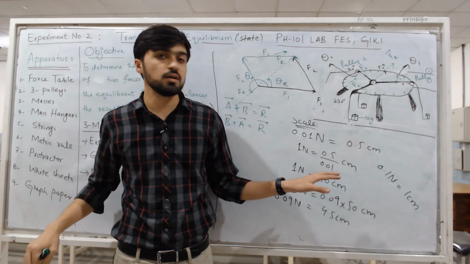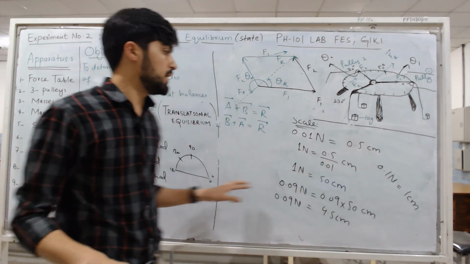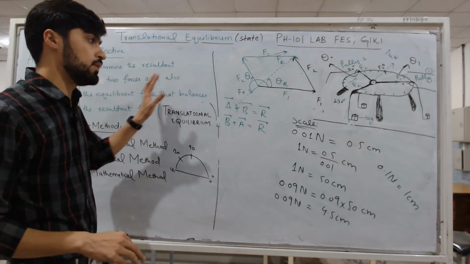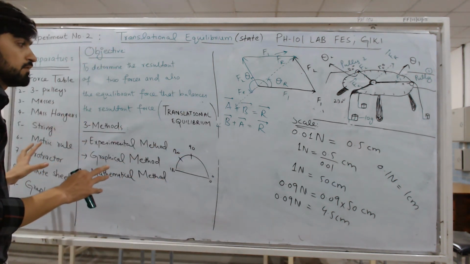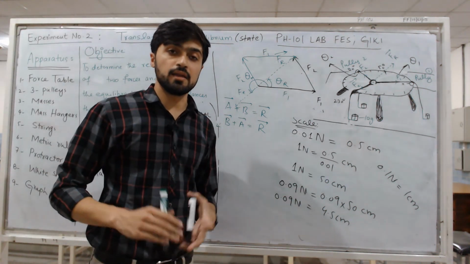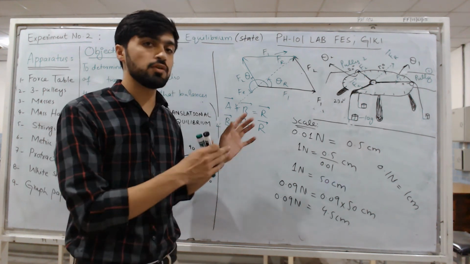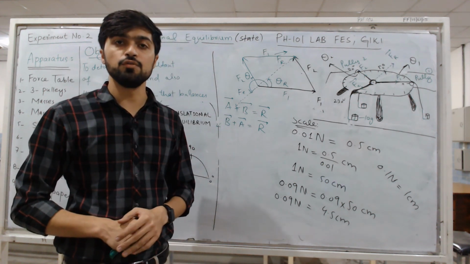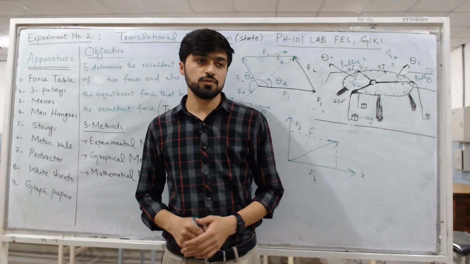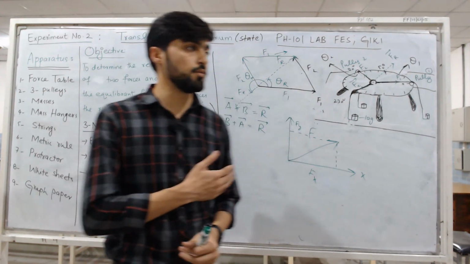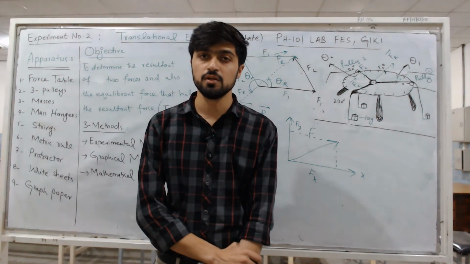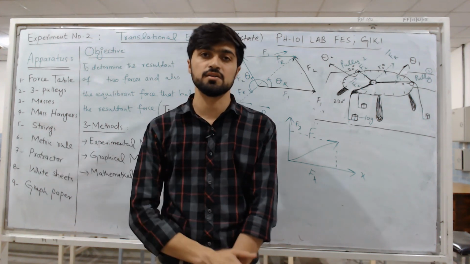I know this is a very lengthy lecture on translation equilibrium, but if you have an idea of how these forces are resolved and how to use them in your calculations, it will definitely help you when you are demonstrating. So this was enough for our today's experiment, the theory and calculations part. This was our experiment number 2, and in the next section we will be demonstrating this on our workstation. Thank you.